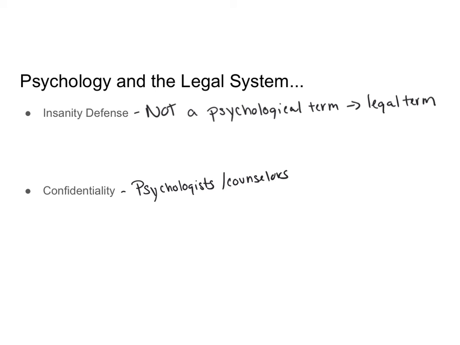So there's a lot that we could put here, but think of any sort of psychiatrist, psychologist, a counselor, anybody who may fit into that field is held to confidentiality. So what that means, they do not have to disclose private information to the legal community.